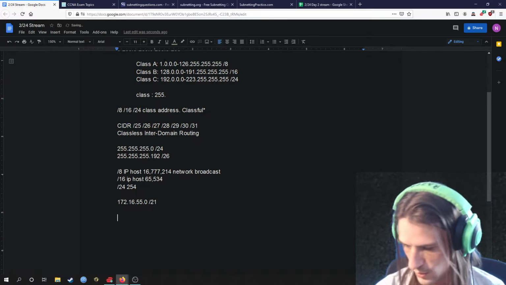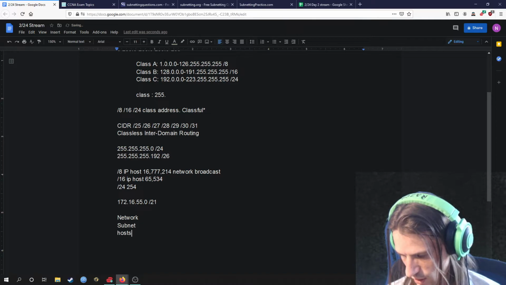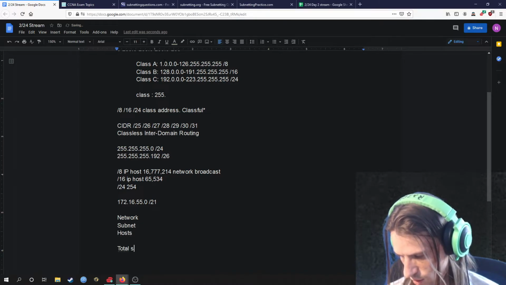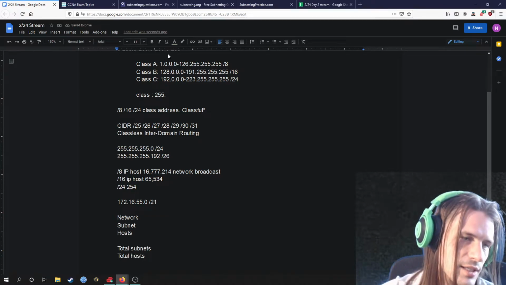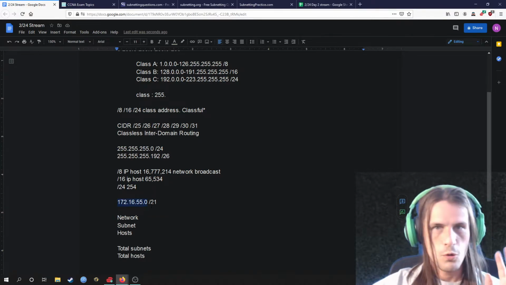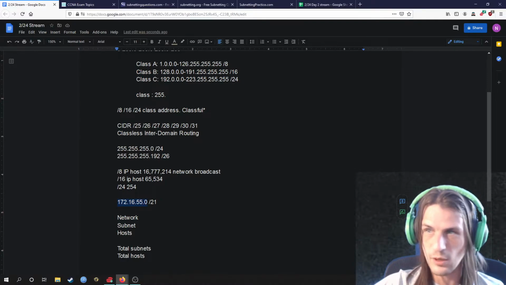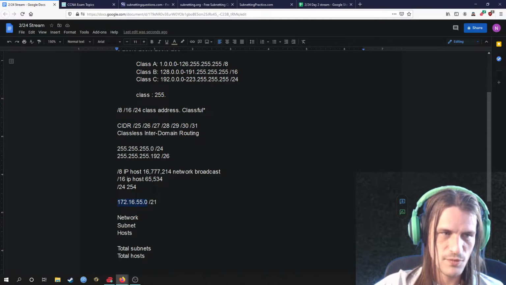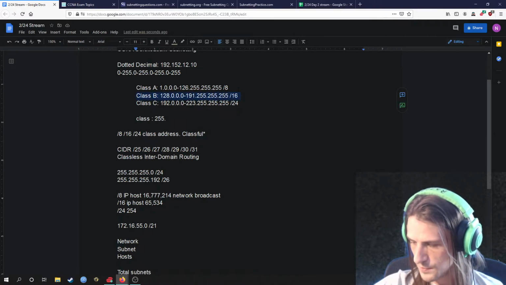We're going to want to say what network, what subnet, what hosts, total subnets, total hosts. That's a lot of information that we're going to be pulling from. We're going to look at the IP address first, and figure out what class it falls in. This is the first thing we're going to do. 172 is how it starts, the first octet. So we're going to go up here. 172 falls in a class B, right?